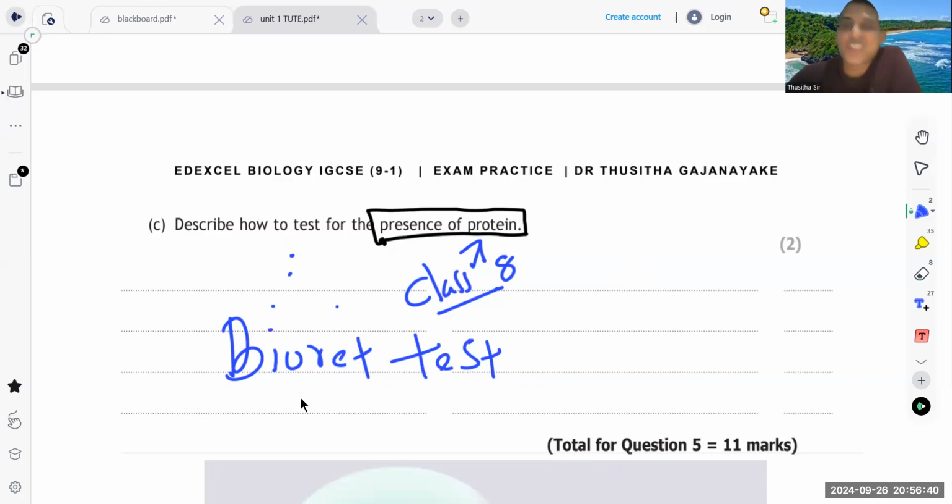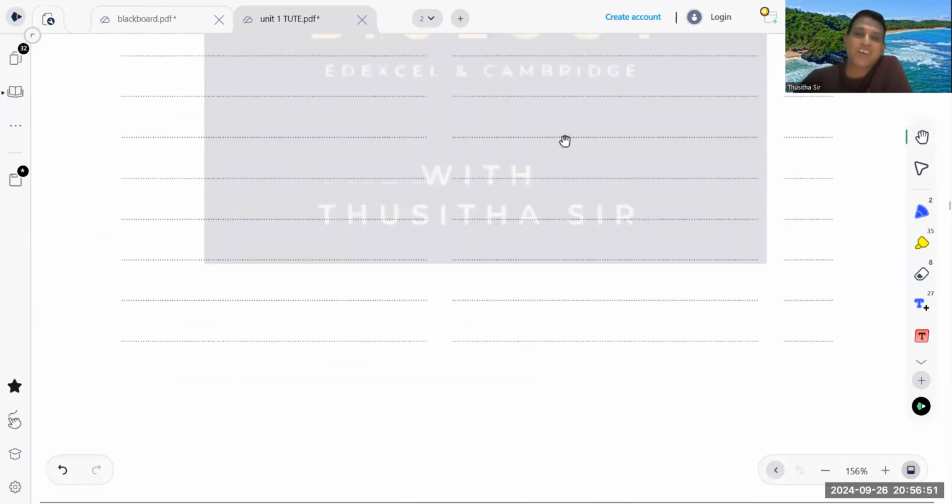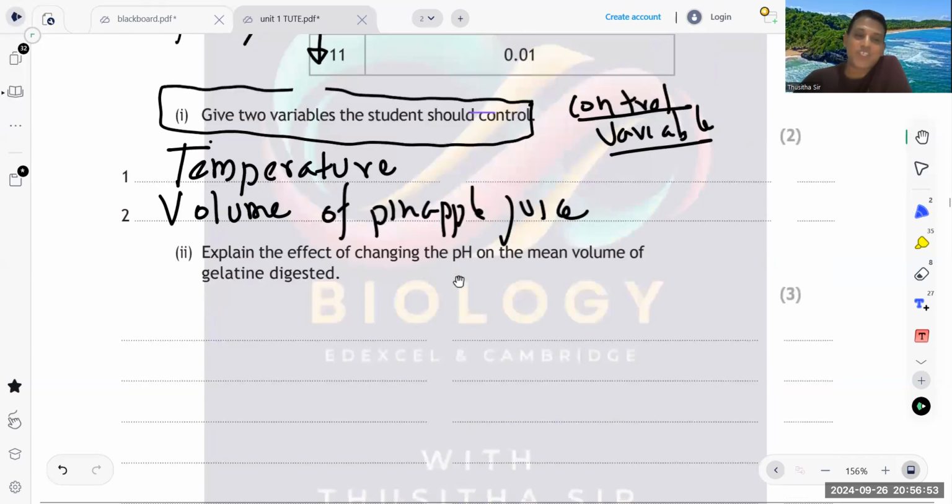If you don't know this, 7 months is not enough for you to study because we have advanced questions like this. For example, this kind of question is your exam question: Explain the effect of changing pH on the mean volume of gelatin digested.